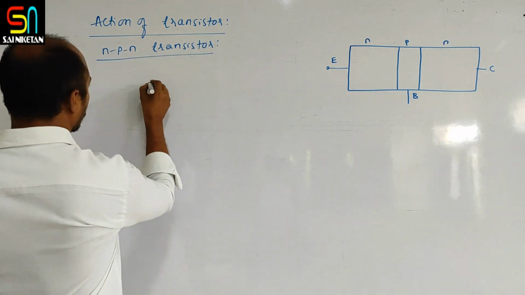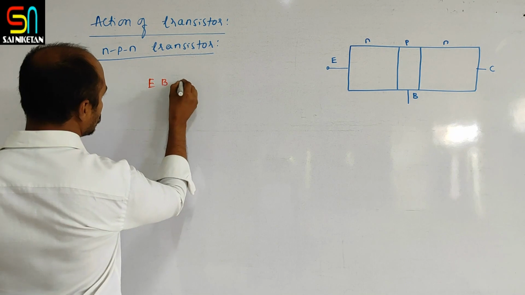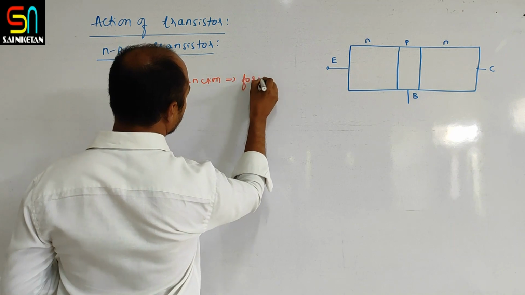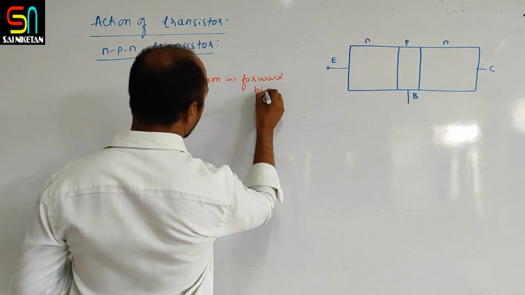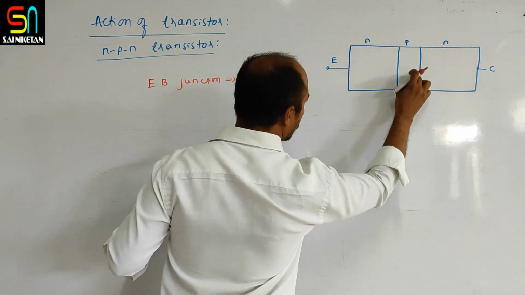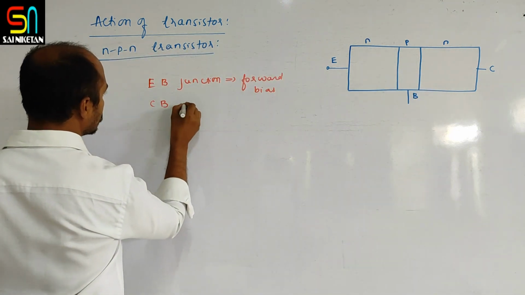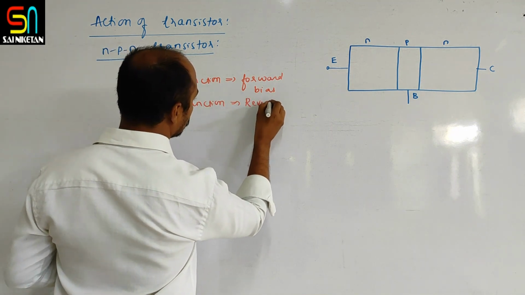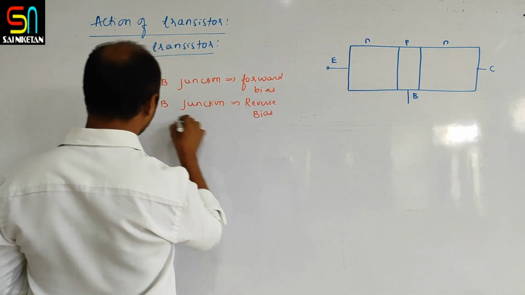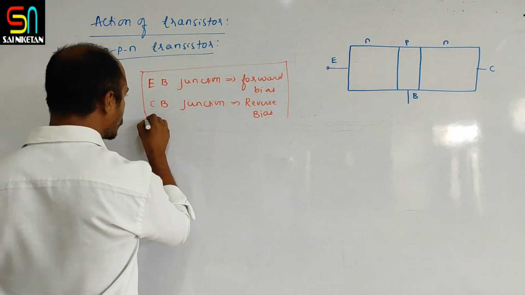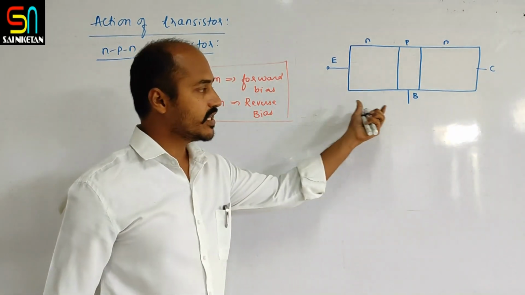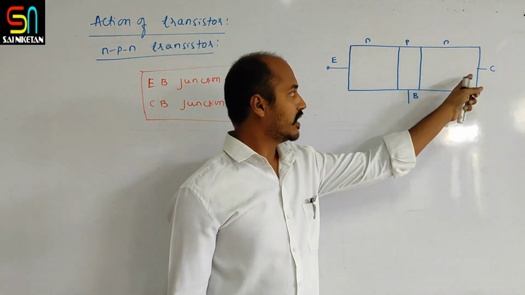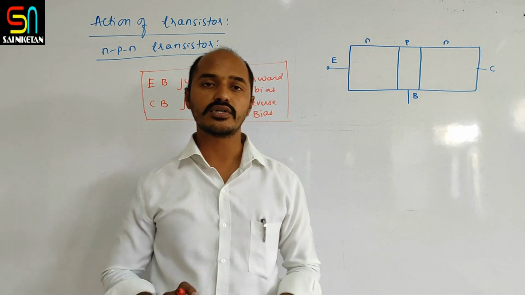So always remember, the emitter base junction must be in forward bias, and the collector base junction is in reverse bias. You have to always connect in this fashion. The emitter base junction should be in the forward bias condition, and the collector base junction should be in the reverse bias condition.